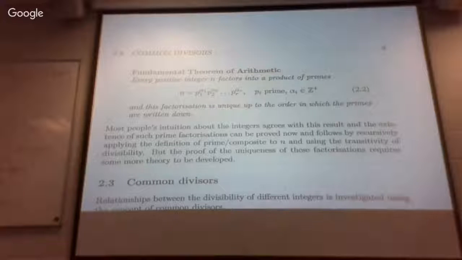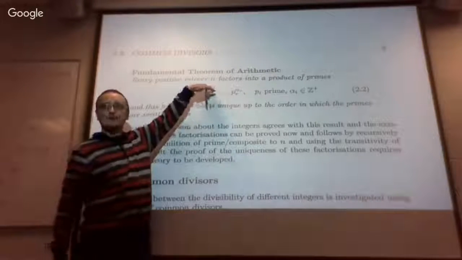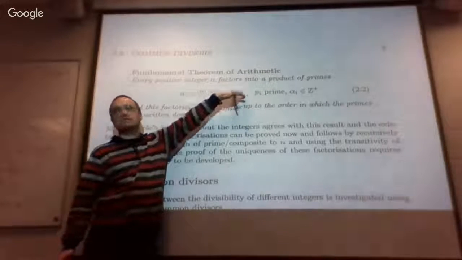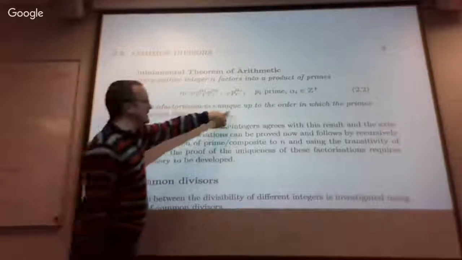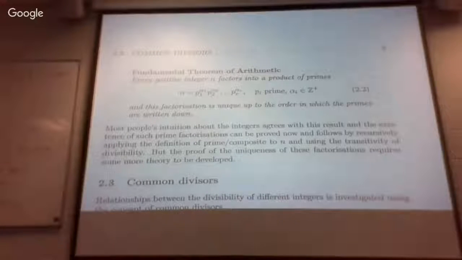So how can you be sure that you'll always end up with the same collection of primes at the end and the same collection of exponents on the primes? So that's this uniqueness part. And that does require a bit of theory to build up.